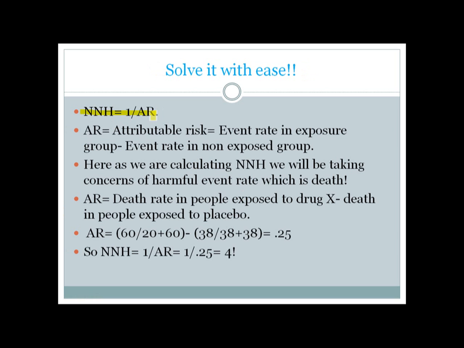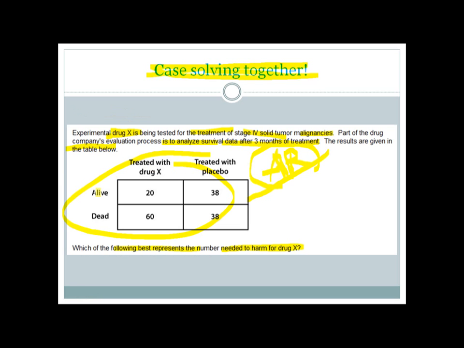As I have already mentioned, the NNH is 1 by AR, and AR is the event rate in the exposed group minus the event rate in the non-exposed group. And here we are calculating NNH, so we will be considering death as the harmful event.